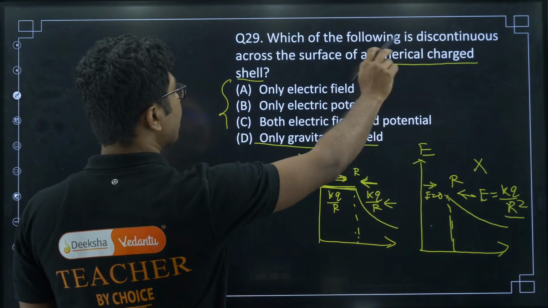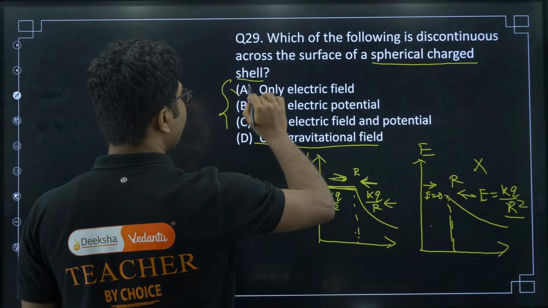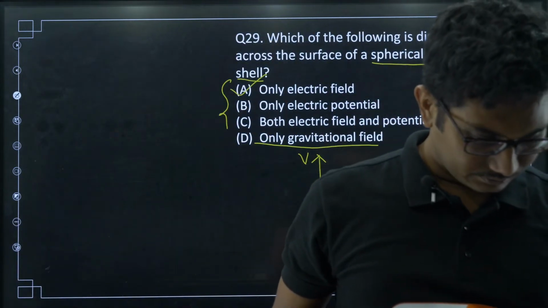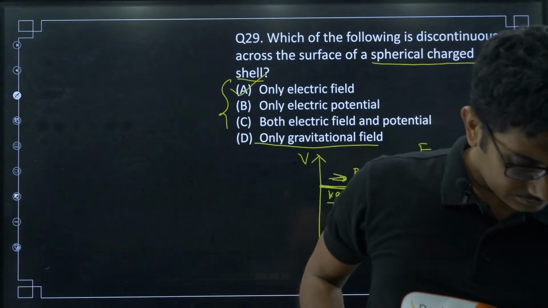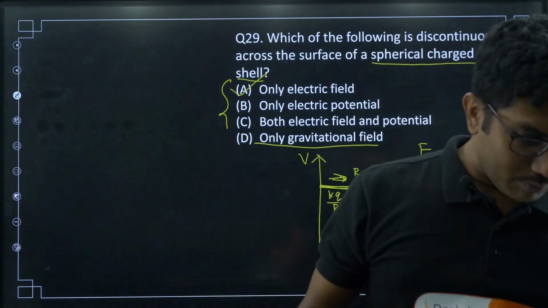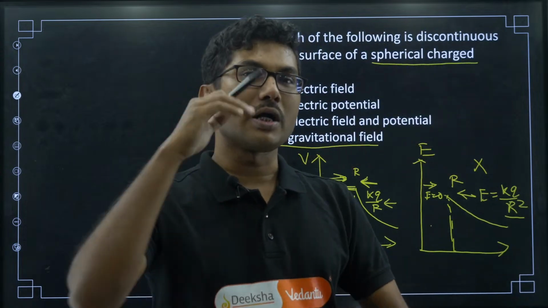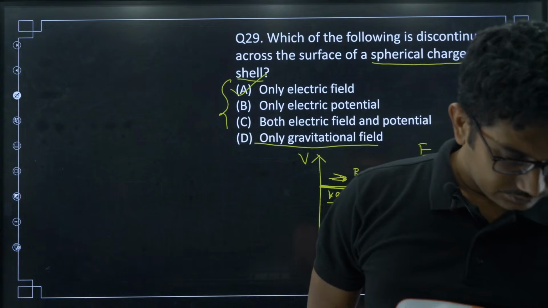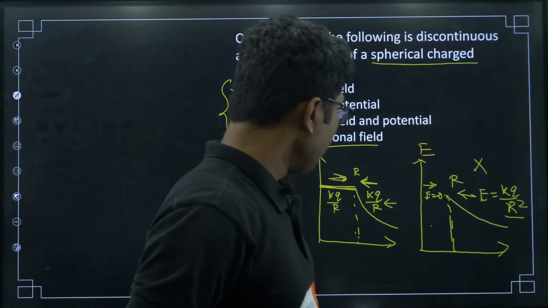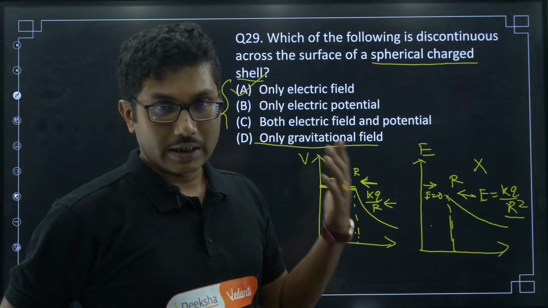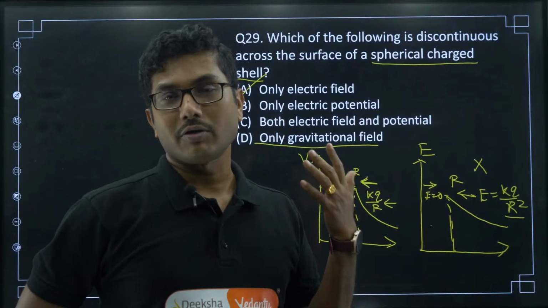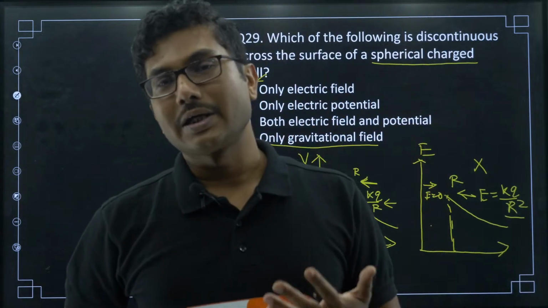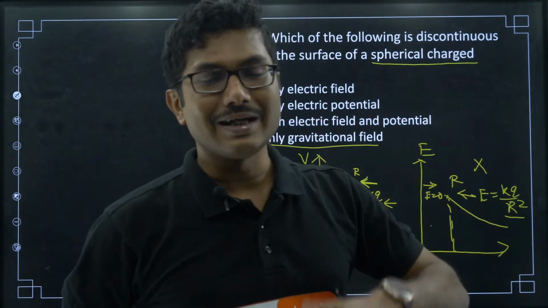Which of the following is discontinuous? Only the electric field, not the potential. Potential is continuous. It is not about inverse proportionality, it is about continuous or discontinuous. The continuity of a function depends on how the function is related to it.